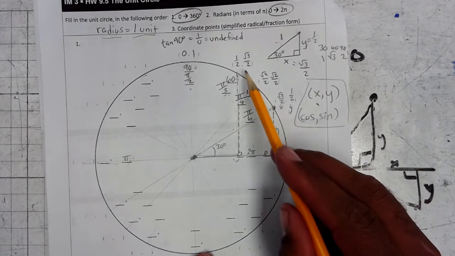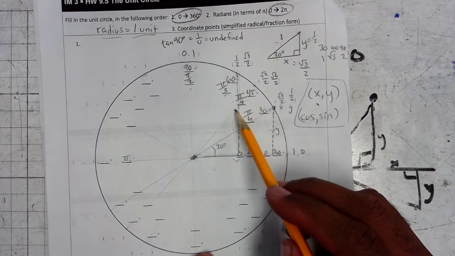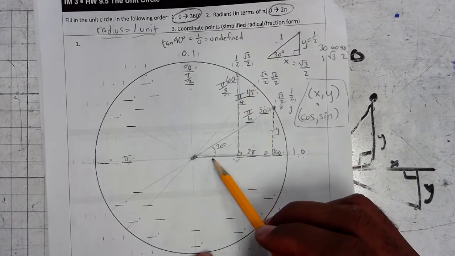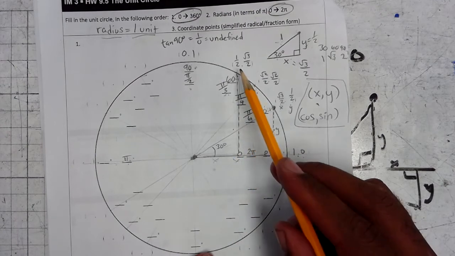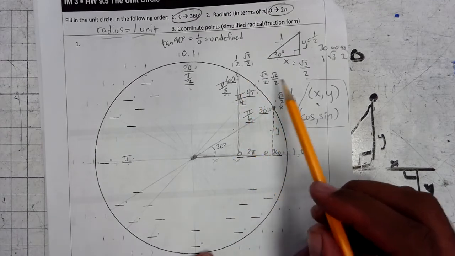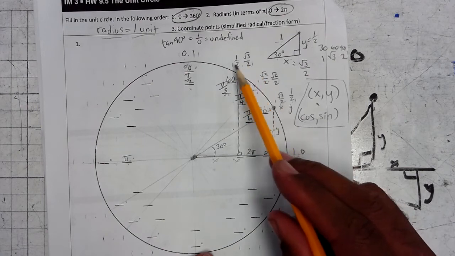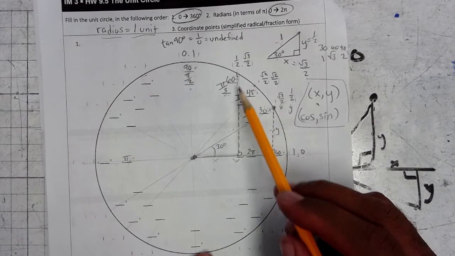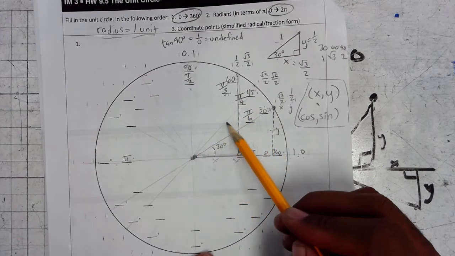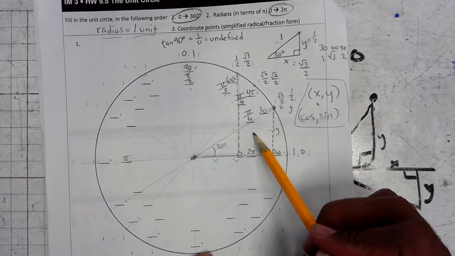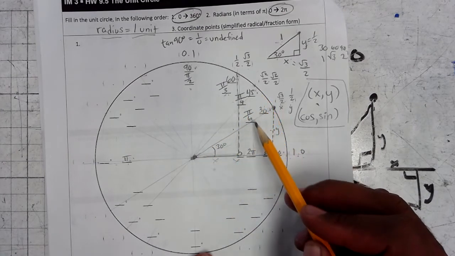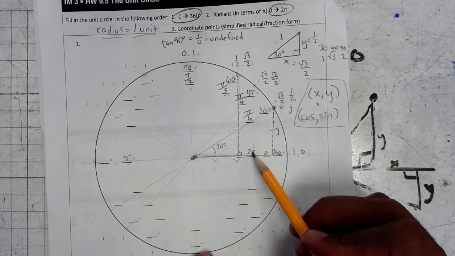Now, if I go up to 60, this is the exact same triangle, except now that short side is the x, and the longer side is now the y. So in other words, that's why these two flipped. This became 1/2, and this one became square root of 3 over 2. Now the last one, the one at 45, we didn't really show the triangle, but we made the point that this creates a 45, 45, 90 triangle.